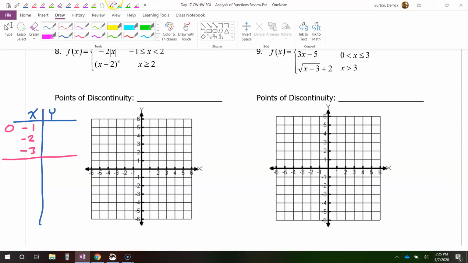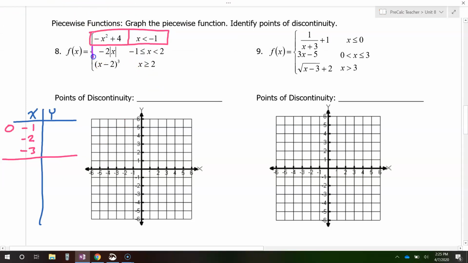For the next piece of the graph, we'll do that in purple. And the domain, again, tells me which x values to use. I need x values between -1 and 2. So I'm going to go -1, 0, 1, and 2.